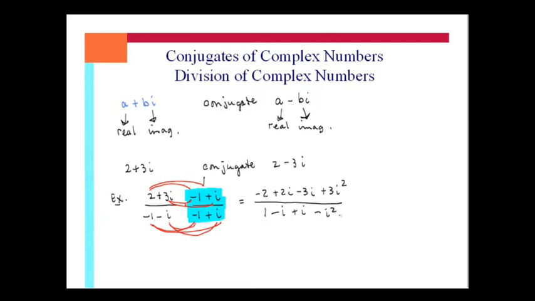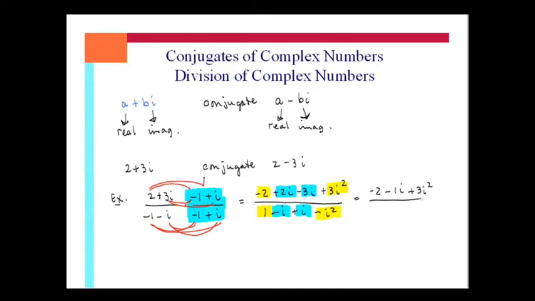Okay, well that seems like a mess, but we can combine some terms together. Remember, these are the real number parts, and these are the imaginary parts. Our result here then would be negative 2 minus 1i plus 3i squared.